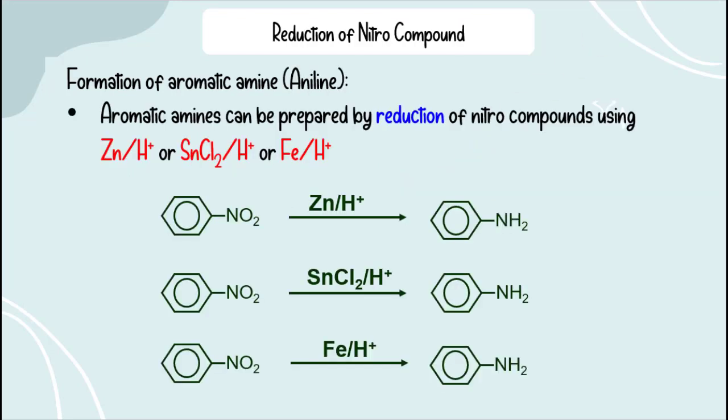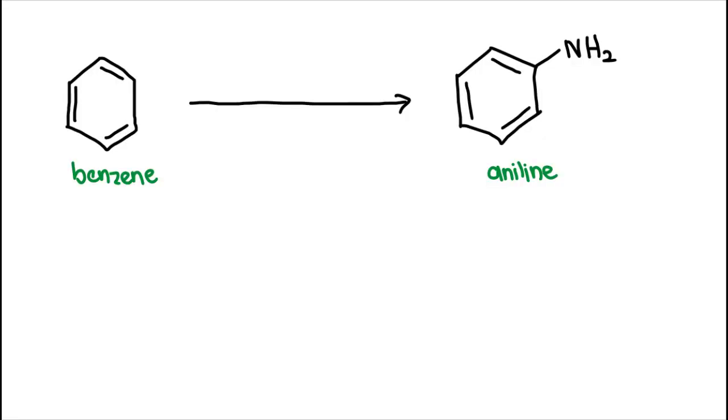Aniline also can be prepared by the reduction of nitro compound using zinc in acidic solution, or tin 2 chloride in acidic solution, or ferrum in acidic solution. The nitro group NO2 will be reduced into amino group NH2. So basically, aniline can be prepared from benzene.